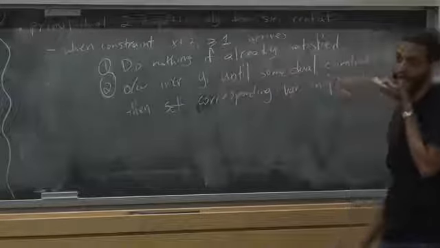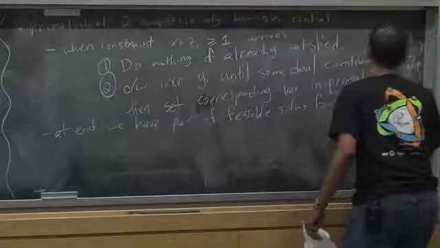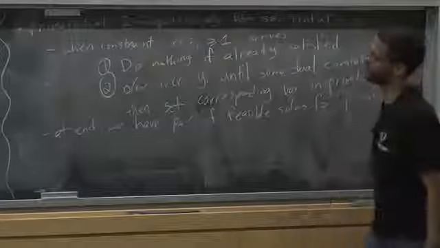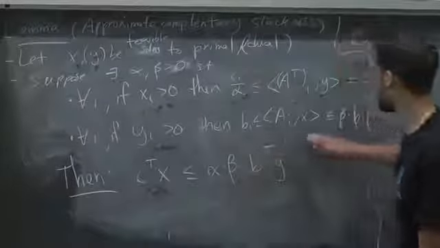So at the end, we have a pair of feasible solutions for the primal and the dual. Okay. So now I want to say we satisfy certain approximate complementary slackness conditions. So we have to look at what happens if we have a positive primal variable. How much are we off by? What happens if we have a positive dual variable, strictly positive? How much are we off by here?